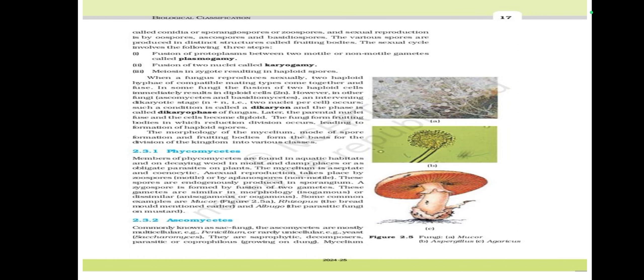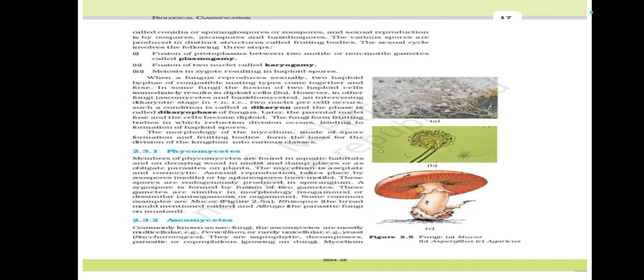When the fungus reproduces sexually, two haploid hyphae of compatible mating types will come together and fuse. In some fungi, the fusion of two haploid cells immediately results in diploid cells.